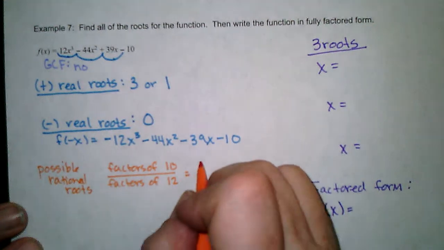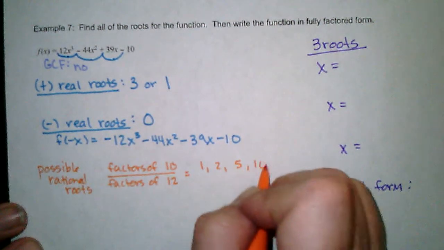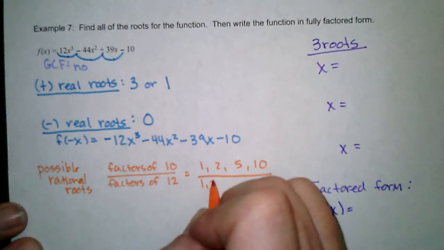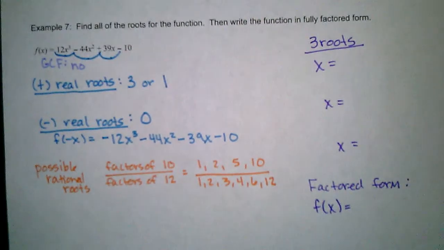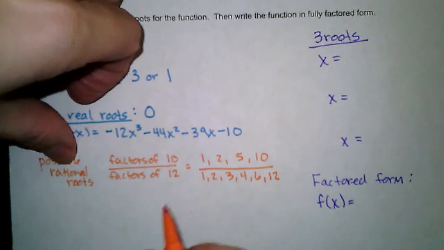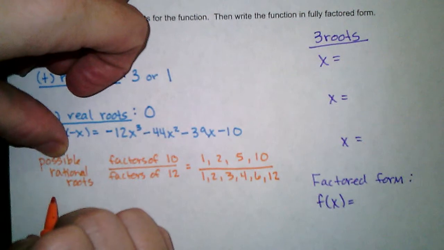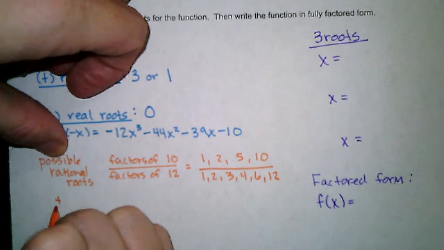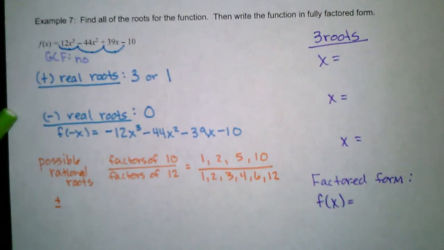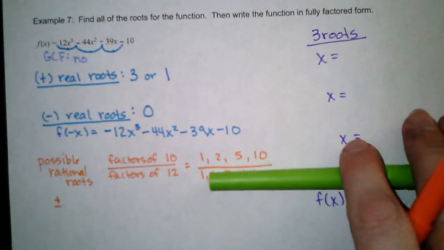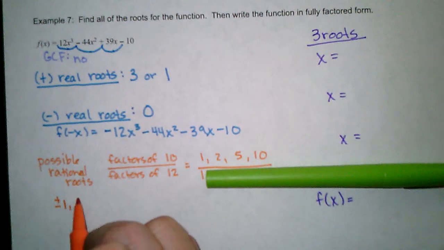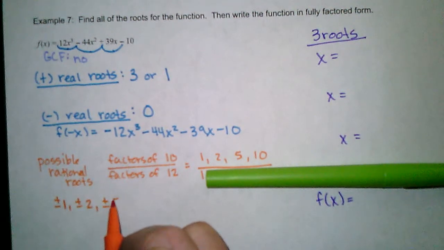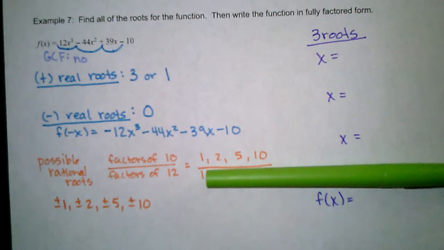So that's going to be 1, 2, 5, and 10 over 1, 2, 3, 4, 6, and 12. Now we have a lot of denominators that have to take turns when we are creating our list this time. So our possible rational roots is going to be a lengthy list of fractions. We'll let 1 take the first turn. So we've got plus or minus everything over 1. So plus or minus 1, plus or minus 2, plus or minus 5, plus or minus 10.